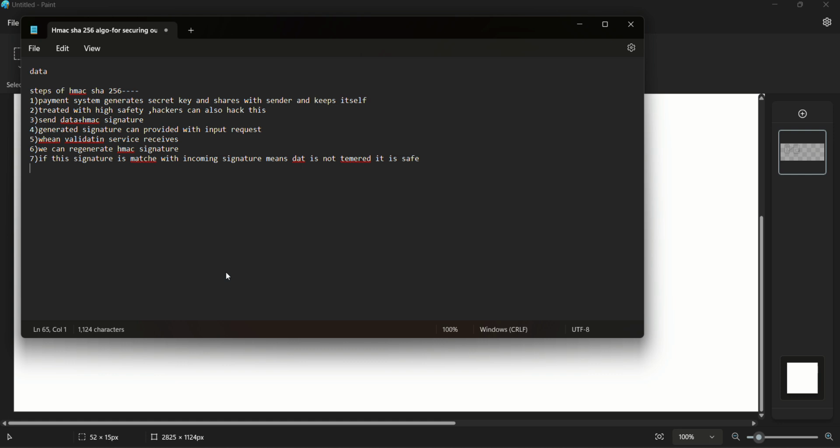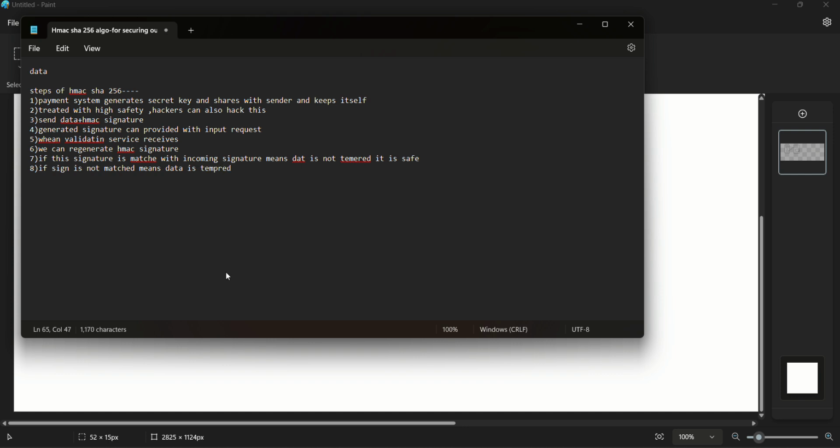Other condition: if the signature is not matched with the incoming data, it means data is tampered.